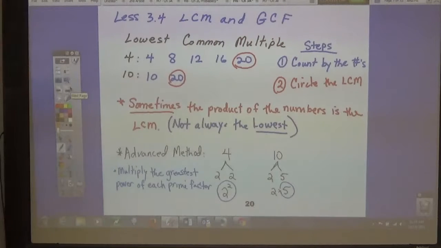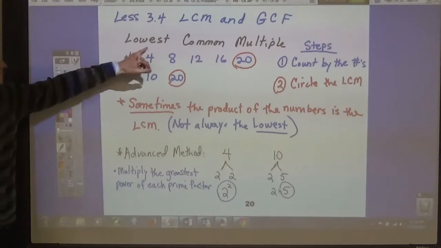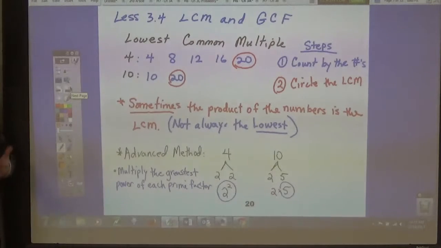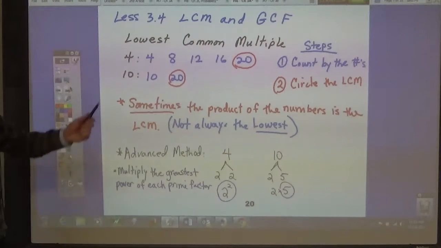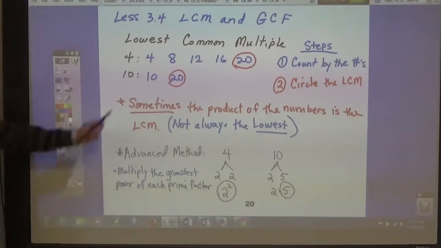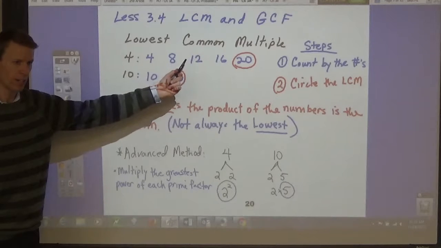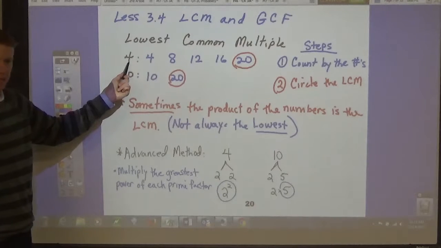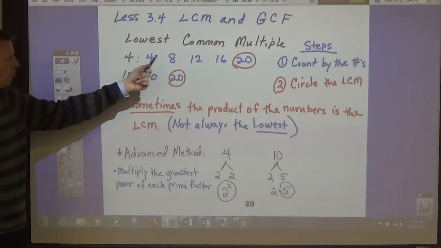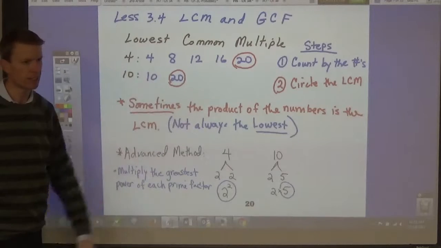So then in 3.4, we're using that process to find the lowest common multiple. That's what we did for today. There are 2 ways to find the lowest common multiple. One is to write the multiples of a number by continuing to add the same number over and over again, or multiply: 1 times 4 is 4, 2 times 4 is 8, 3 times 4 is 12, 4 times 4 is 16, and so on.